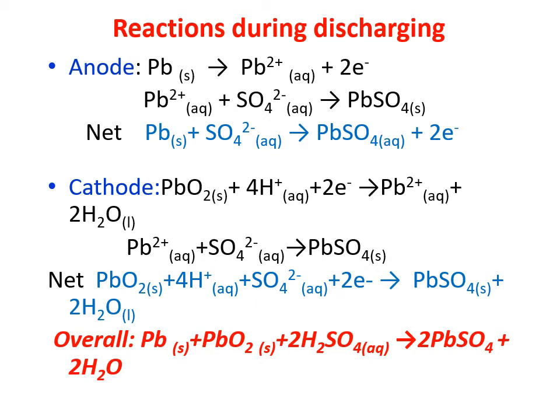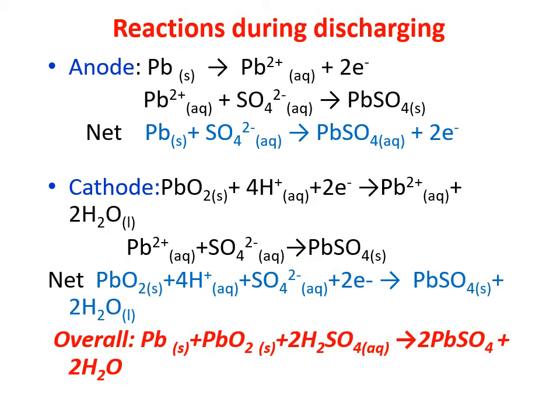Discharging reactions of a lead acid cell. Reactions at anode. At anode, oxidation takes place. So, Pb metal undergoes oxidation as Pb2+ plus 2 electrons. So, there is a loss of 2 electrons. Hence, there is oxidation of Pb.